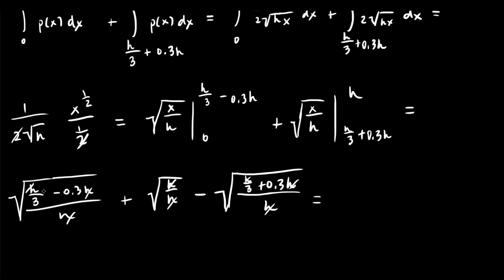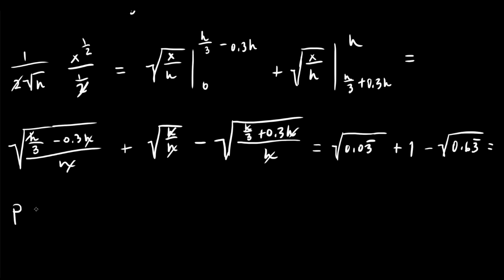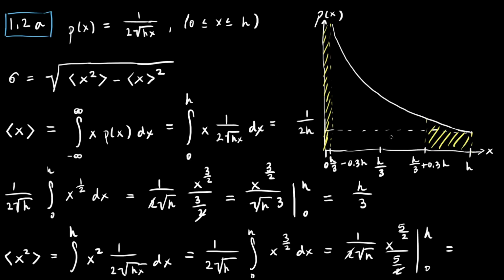Every time we see a 1/3, we'll just assume that it's 0.33 repeating. So we get 0.03 repeating plus 1 minus 0.63 repeating. And ultimately the probability will come out to 0.39. So this means that there's around a 40% chance that a photograph picked at random will be outside of the bounds of the standard deviation, so in the yellow regions of this graph.